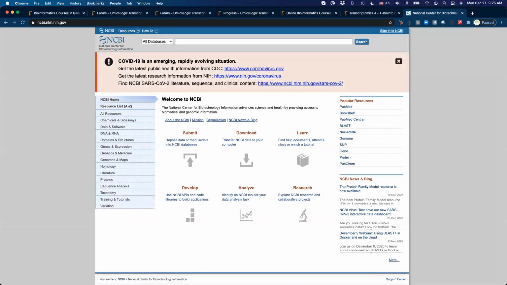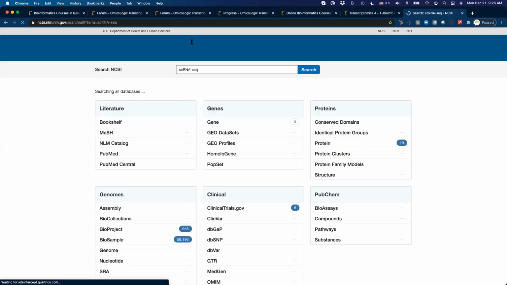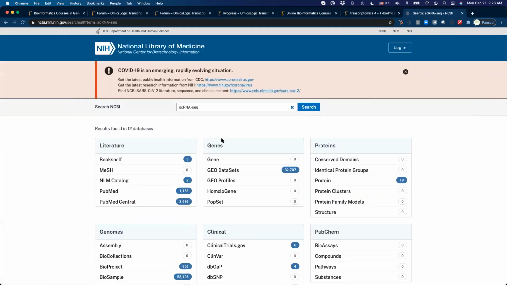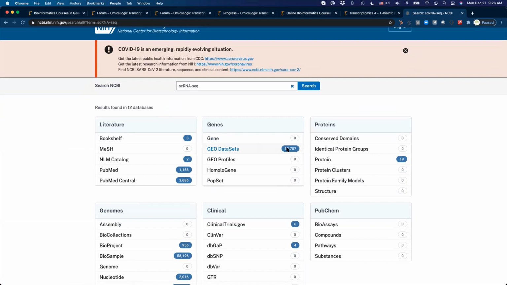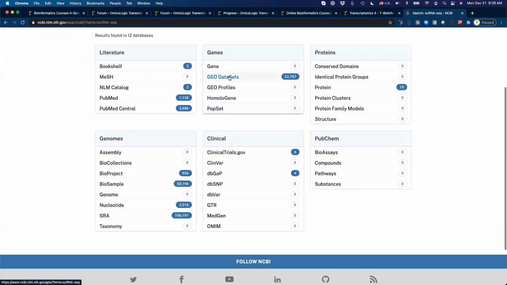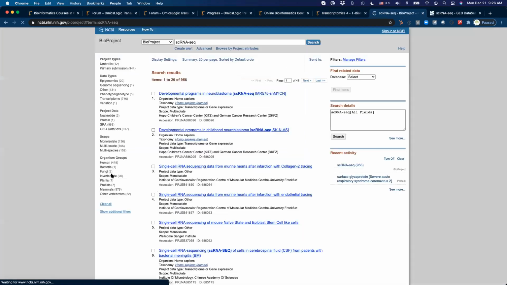Okay, and then here we can search single cell RNA-seq. Okay, and here, for example, you have 32,000 GEO data sets, and this is processed. So we can just take a look here and also take a look over here at BioProject.